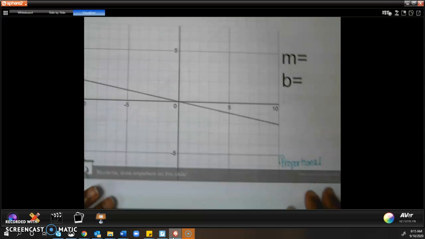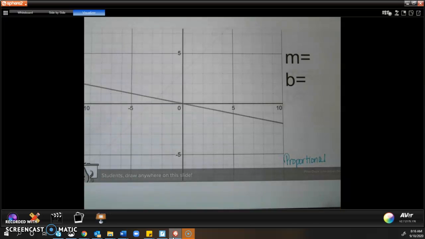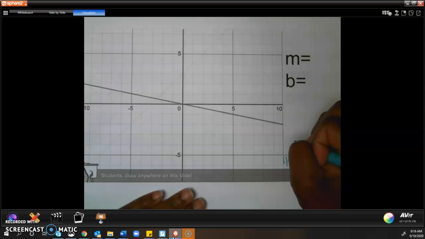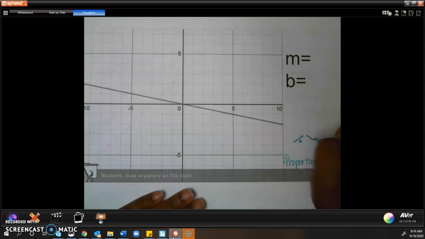Okay. So it's important to know if my line is positive or negative because that affects my slope. One way to remember if your line is positive or negative is through Slope Man. If your line goes up from left to right, it is positive. If it goes down from left to right, it is negative.